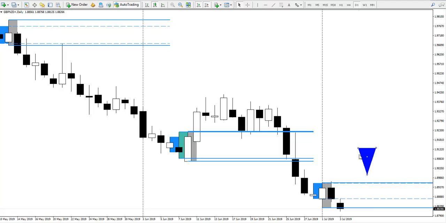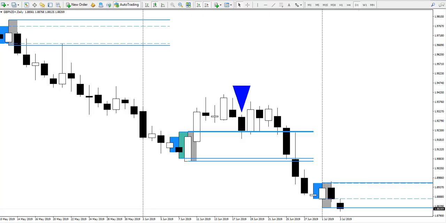For example, just looking at these 2 days here, using that outside day's high as support there.